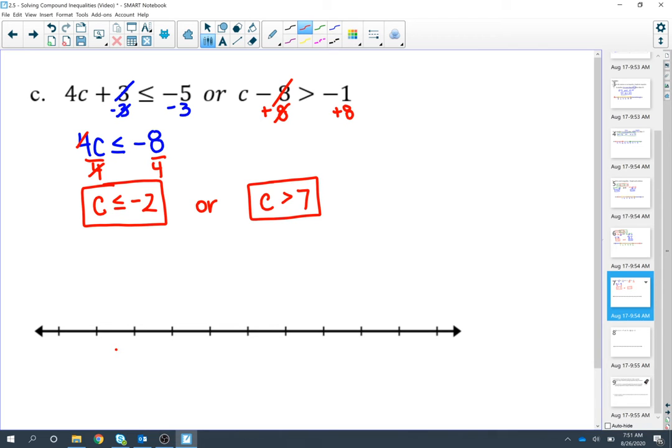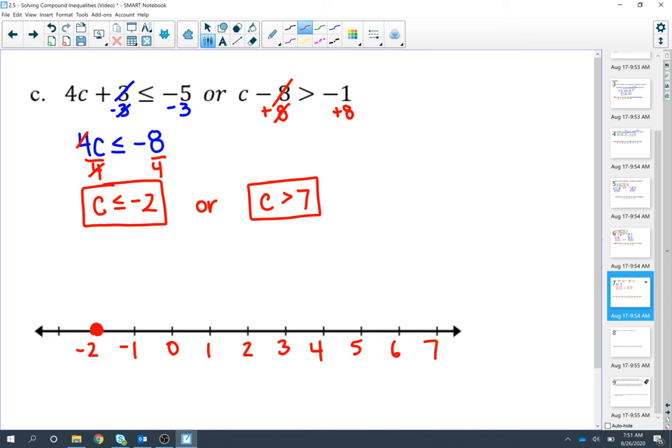Let's see, if I put negative 2, negative 1, 0, 1, 2, 3, 4, 5, 6, oh, I'm going to have to move this down. Negative 2, negative 1, 0, 1, 2, 3, 4, 5, 6, 7. My first one is c is less than or equal to negative 2.